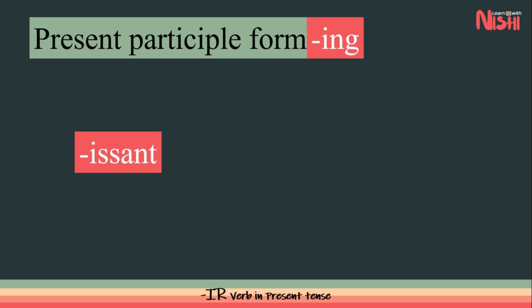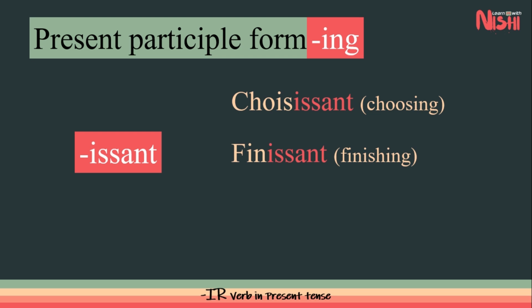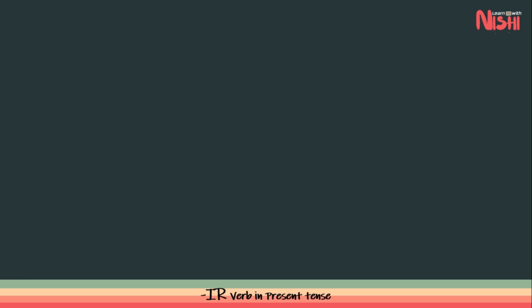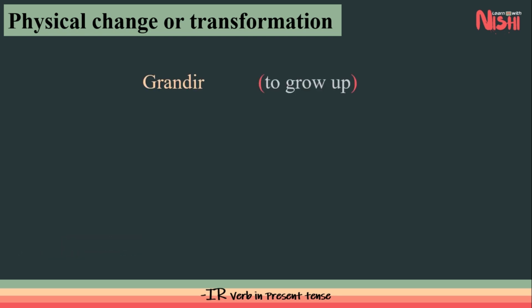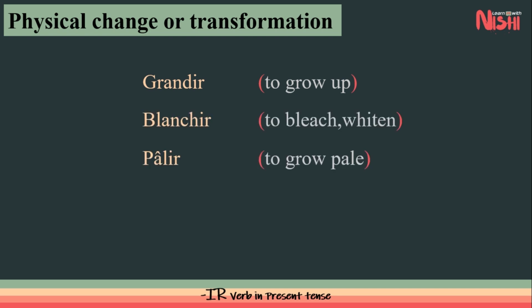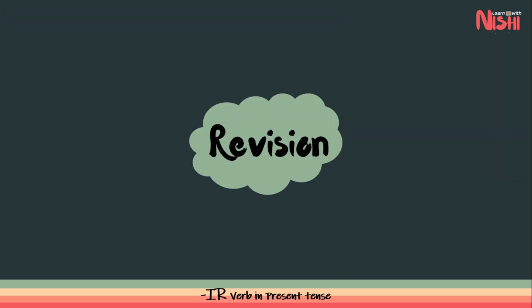For example, choisissant, choosing, finissant, finishing, agissant, acting, etc. And another tip for you: verbs which indicate physical change or transformation are mostly regular IR verbs. For example, grandir, blanchir, pâlir, élargir, etc.